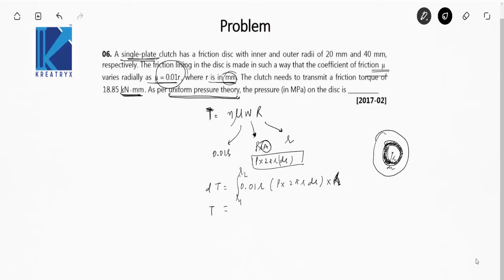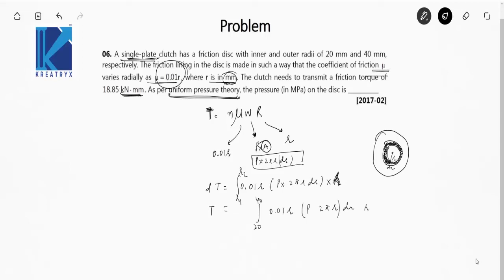That is, r1 is the inner radius, which is 20 mm, and r2 is the outer radius, which is 40 mm, so that is 20 to 40 mm, because here the r is in mm. So 0.01 p 2 pi r dr r.